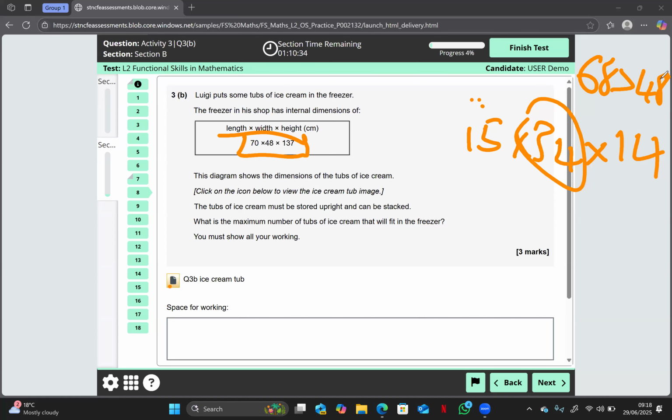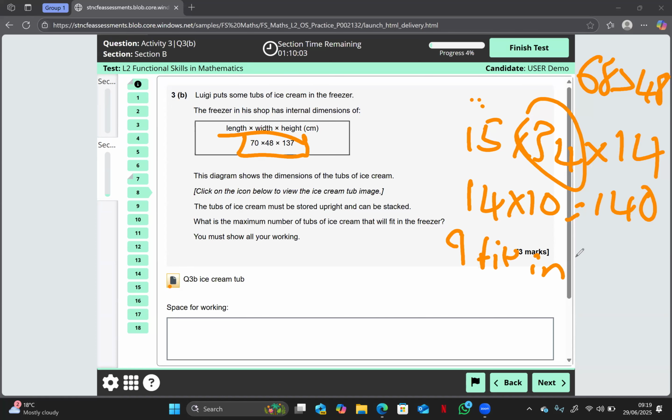And in terms of the height, there can be 10 that fit in because 140, I think. So there can be 9, sorry. So 9 fit in, in terms of that.